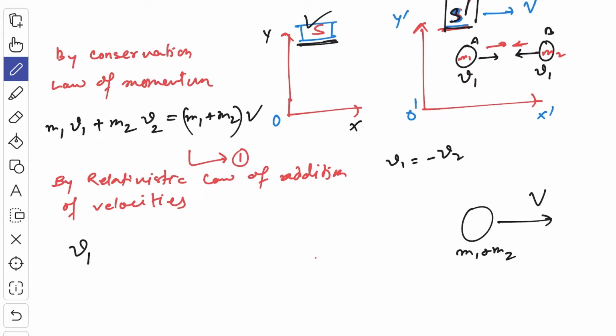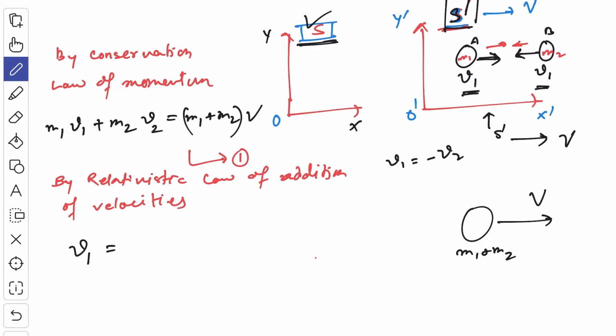So what will be its value with respect to the frame of reference S? Because these two are moving towards each other with velocities small v1 and small u1 in the frame S dash, but this frame of reference is also moving with velocity capital V. That's why the relativistic velocity will be small v1.